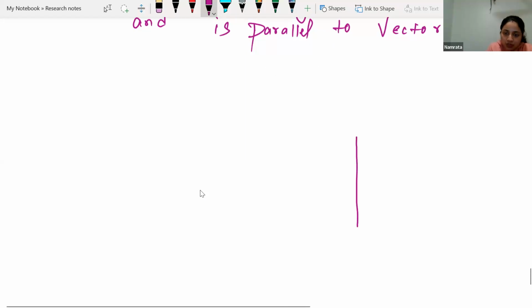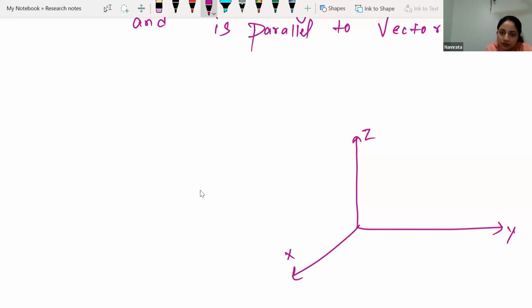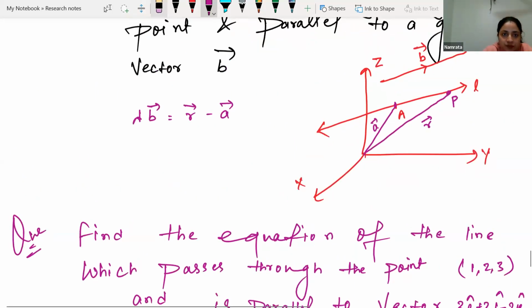Before this you need to understand that if we have the z-axis, y-axis, x-axis, and a point A, let me write it over here to give a brief explanation. Here let's say the coordinates of point A are x1, y1, z1, and this is B. Here we have the origin O.